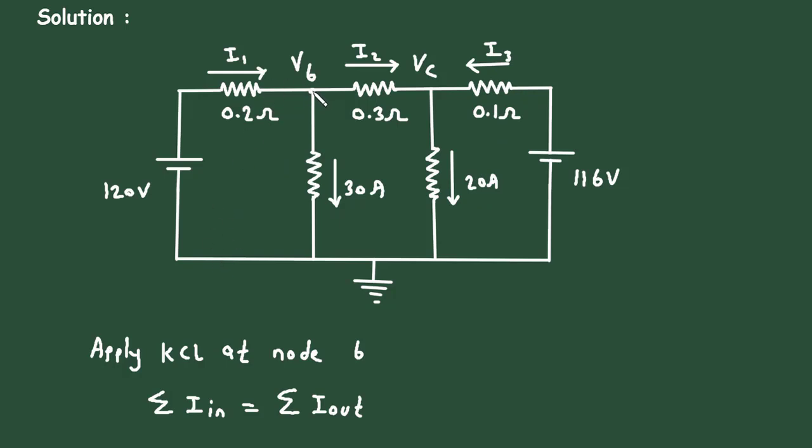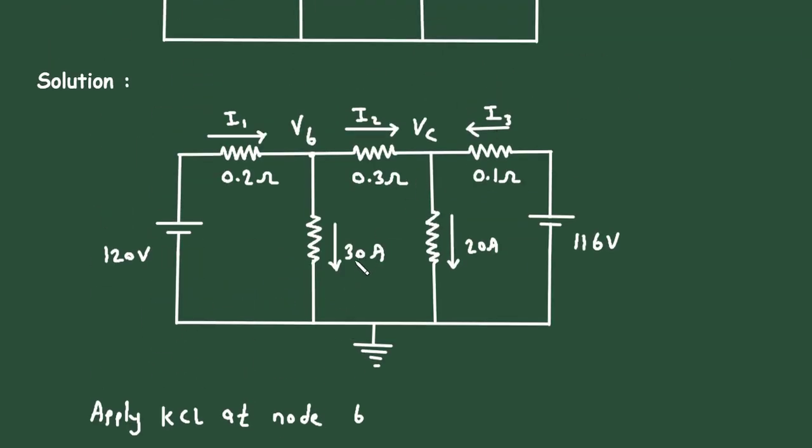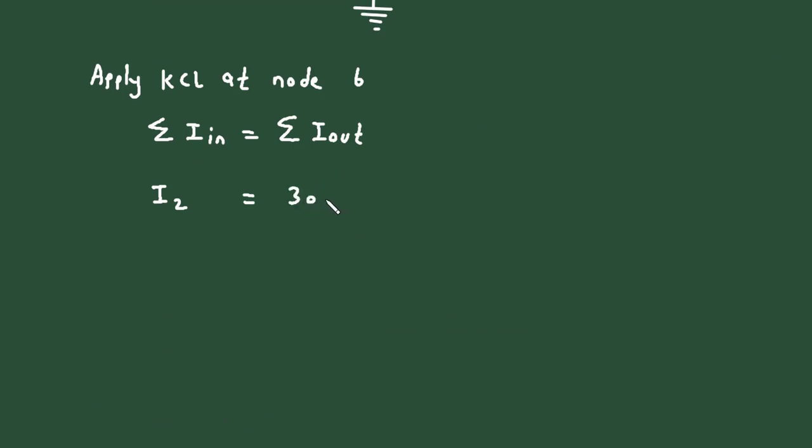So here at this node, the entering current is I1 only and leaving currents are 30 ampere plus I2.